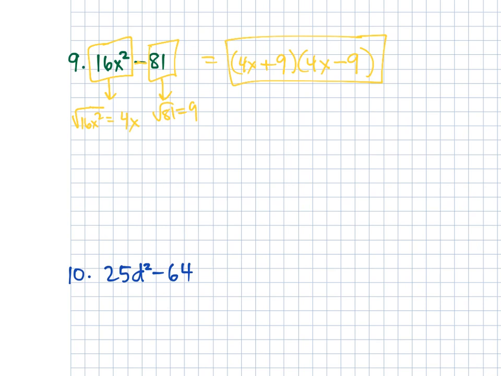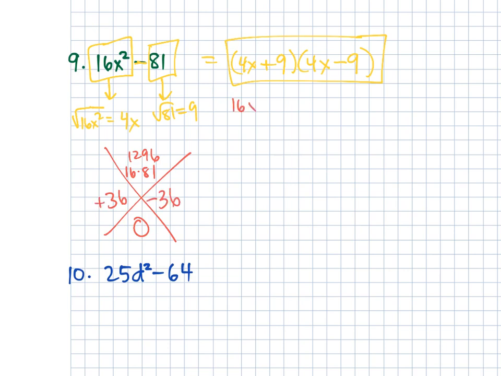Okay. If you did the long way, you'd have to do 16 times 81 equals 1296, and then it has to add to 0. So that means you take the square root of 1296, which I think we already did, and we got 36. This is 36 and 36. So one has to be positive, one has to be negative.